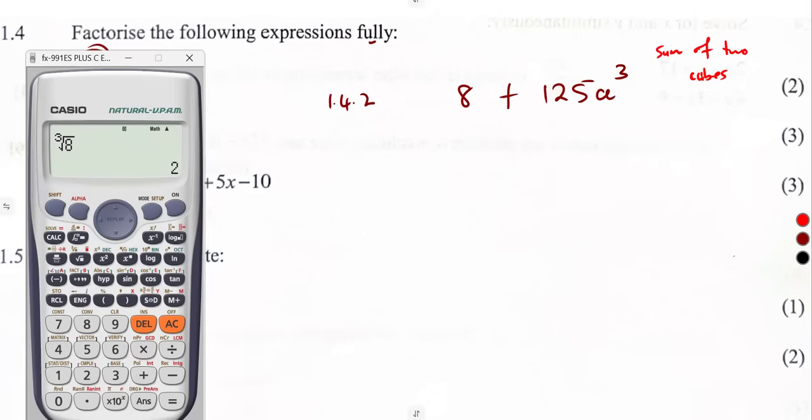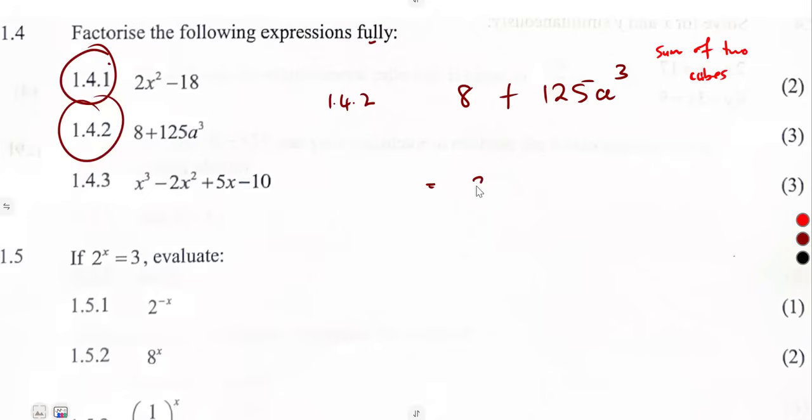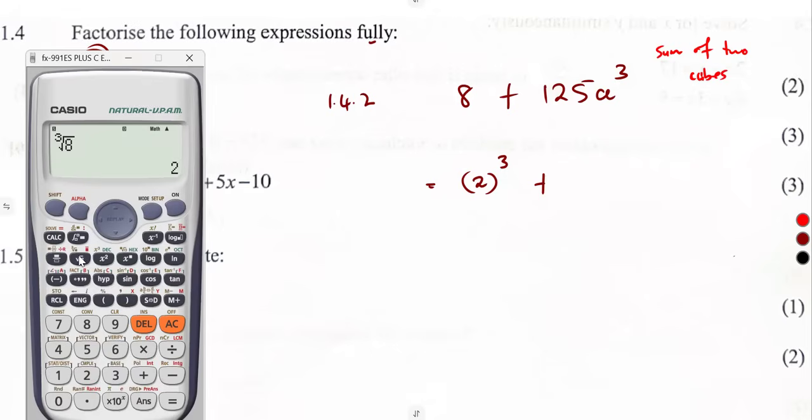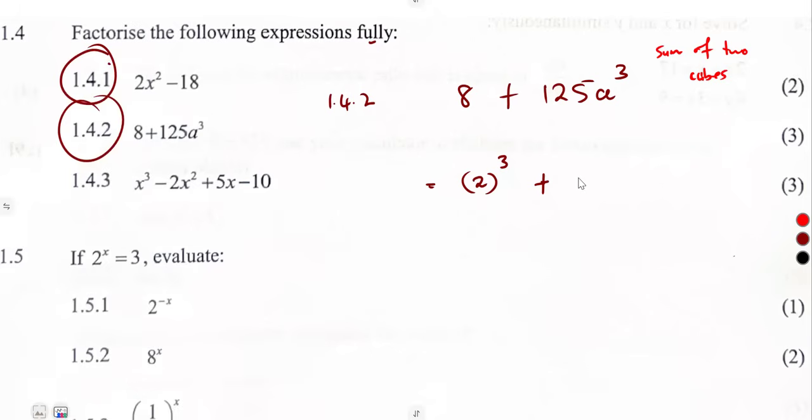So this 8 that we see is the same as 2 to the exponent of 3. Plus 125 also is a perfect cube because we can determine its cube root. The cube root of 125 is 5. So this is the same as 5a to the exponent of 3, because this was supposed to be 5 to the exponent of 3, a to the exponent of 3.